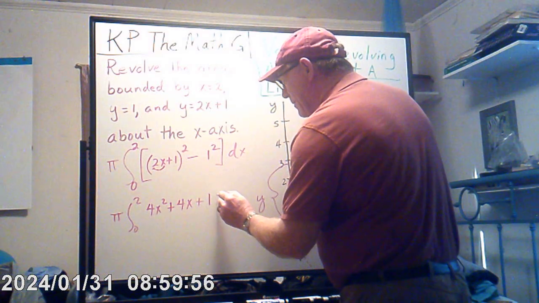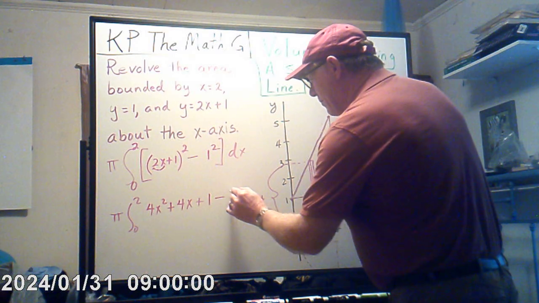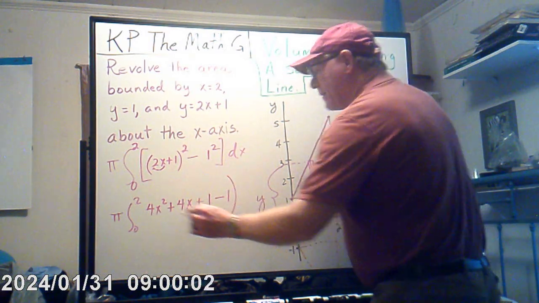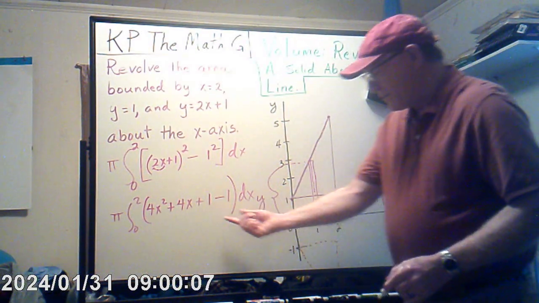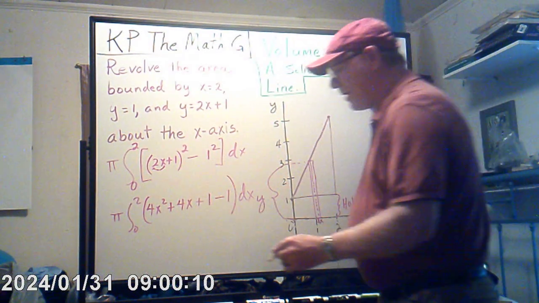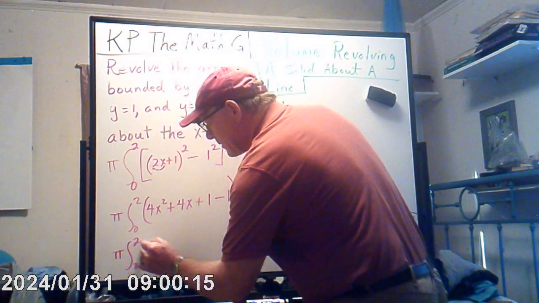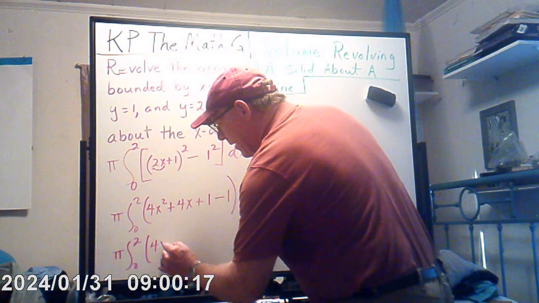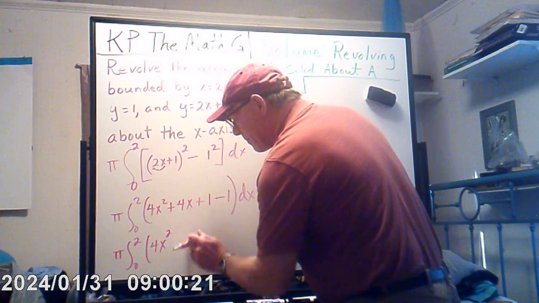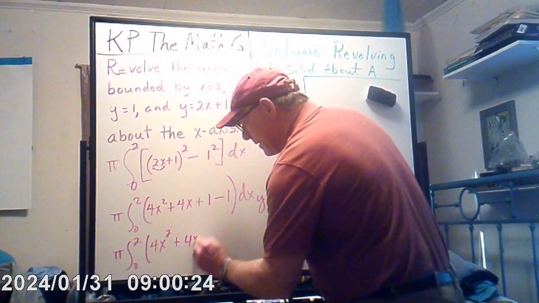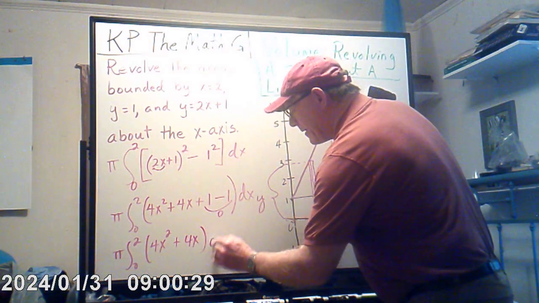And then now you still got minus 1 squared, but 1 squared is 1, so 1 minus 1, dx. Well, now we can subtract 1 minus 1, and we're left with the integral from 0 to 2 of 4x squared plus 4x, and then this is 0 right here, right? And dx here.